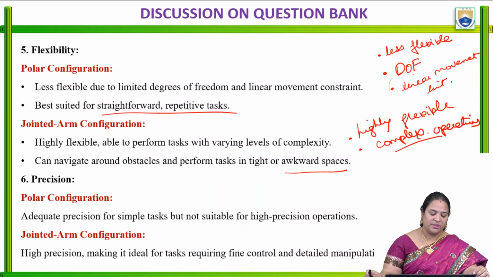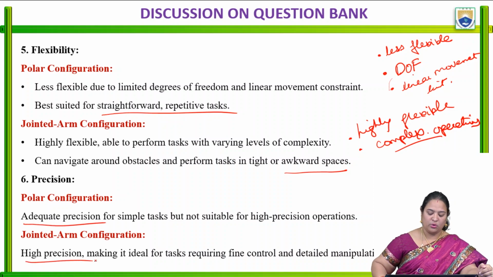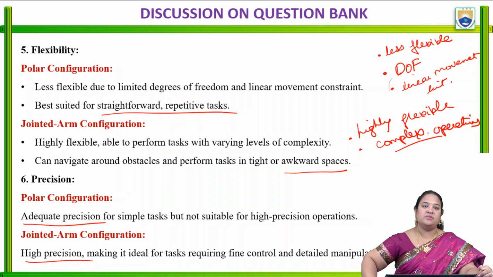Coming to the precision, the polar configuration has adequate precision, whereas the jointed arm configuration has high precision.